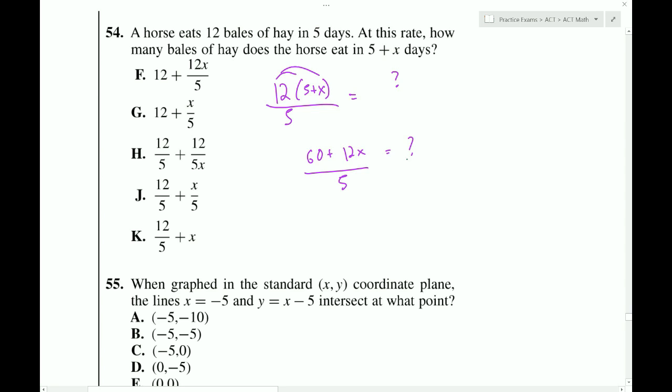And then we notice that these have actually two separate terms, whereas this here has a common denominator. So to make it look more like the choices, we could divide by 5 separately on both pieces. And then we get 60 over 5 is 12 plus 12x over 5. Is that a choice? Yeah.